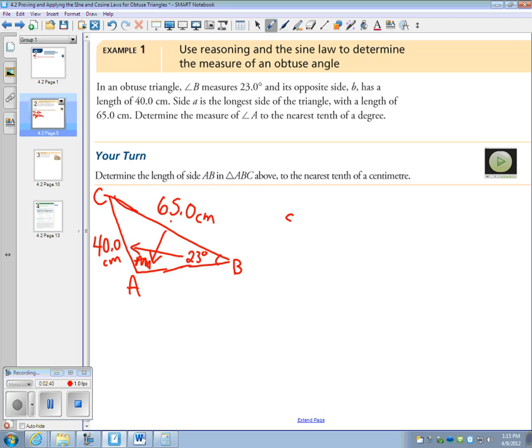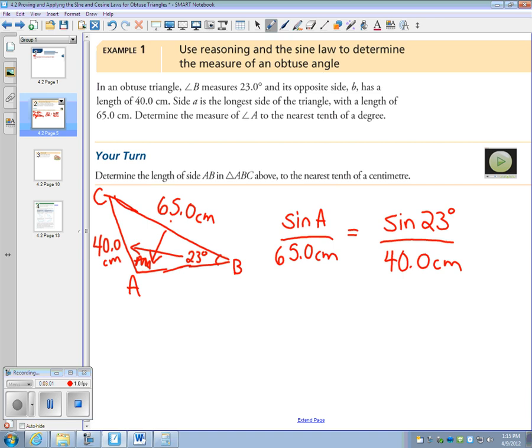So the ratio of the sine of angle A over 65 centimeters is equal to sine of 23, and opposite 23 degrees is my 40 centimeters. I want A by itself. A is what I'm trying to solve. So I am going to multiply both sides by 65 centimeters.